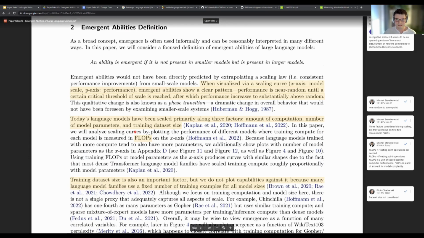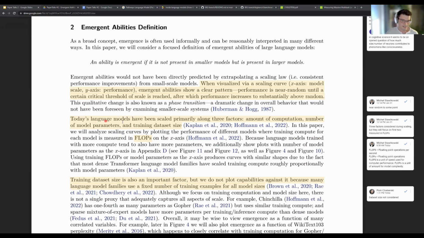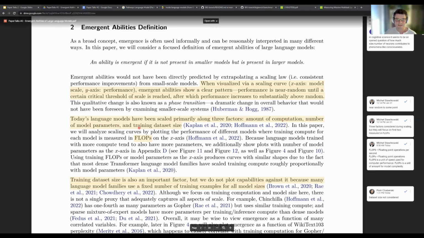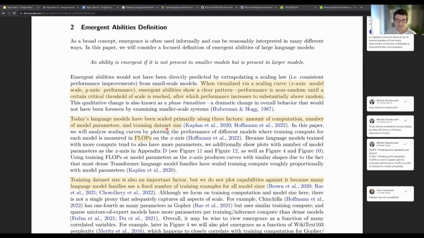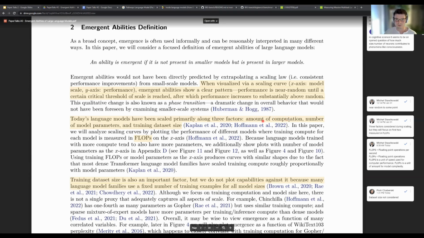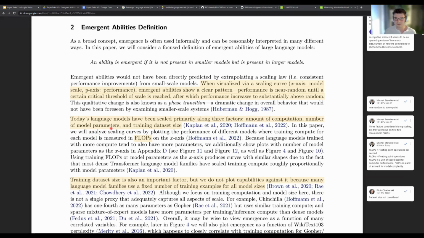They say that today's language models have been scaled primarily along 3 factors: amount of computation, number of model parameters, and training data set size. They will mainly focus on the first 2, because I think these are really similar metrics.